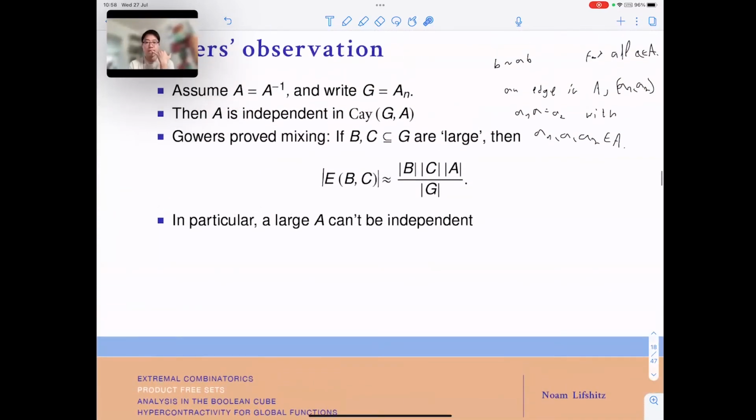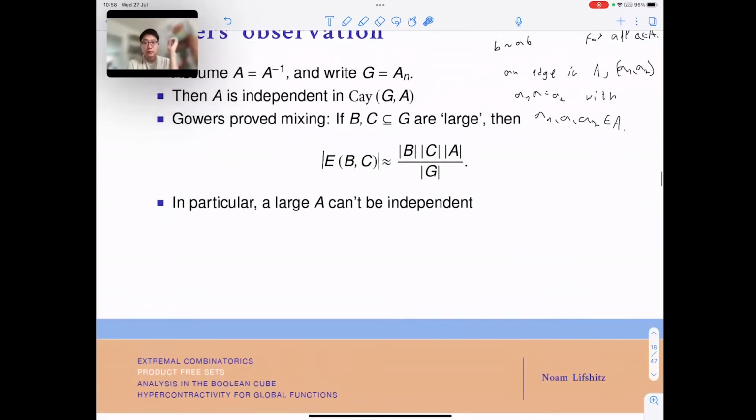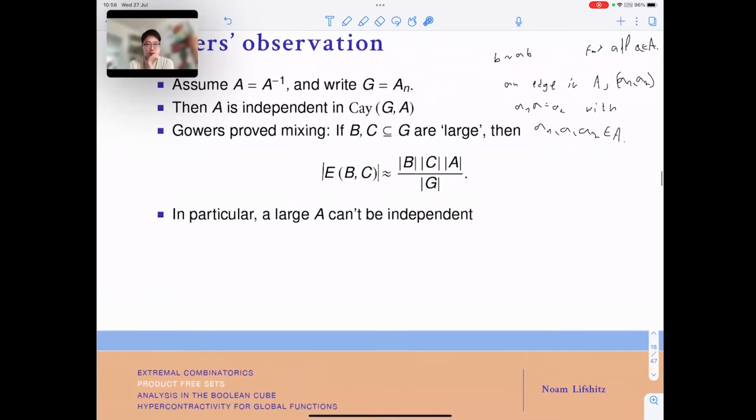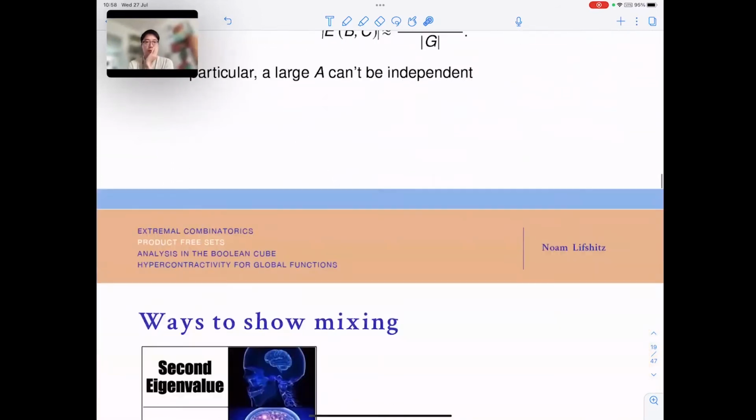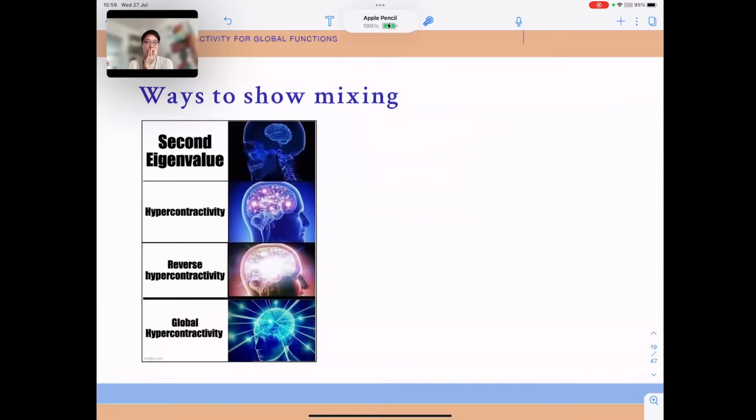But in fact, it turns out that there are other technologies that are sometimes better for showing mixing and pseudorandomness inside graphs. So what are the other ways to show mixing?